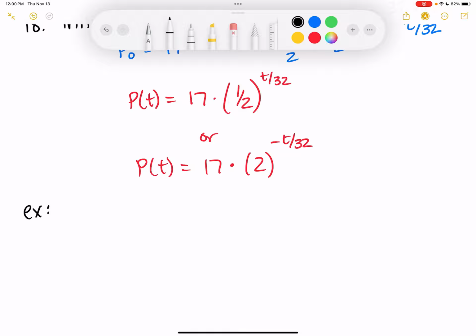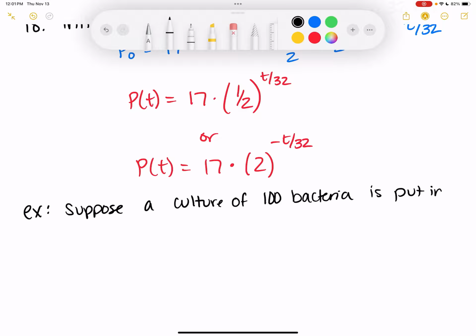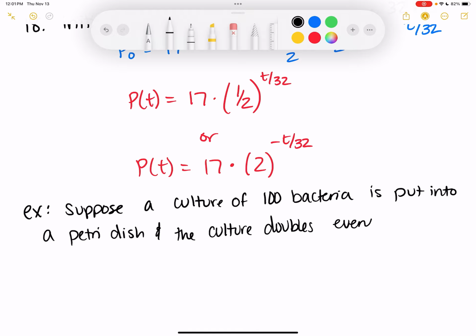So suppose a culture of 100 bacteria is put into a petri dish and the culture doubles every hour.